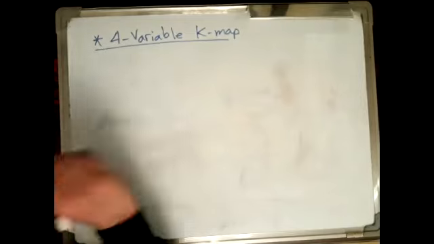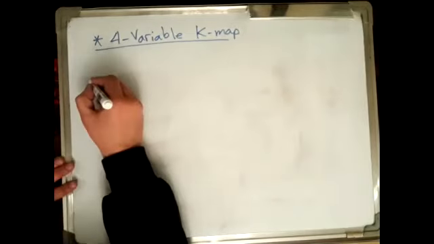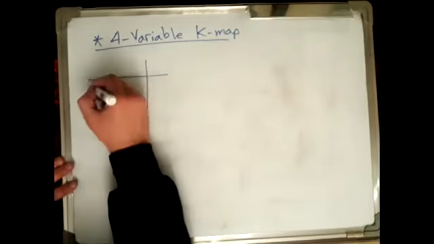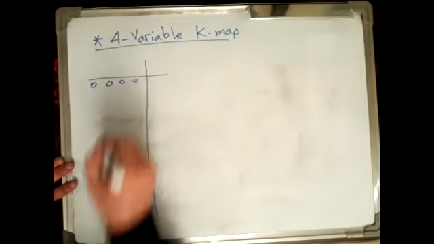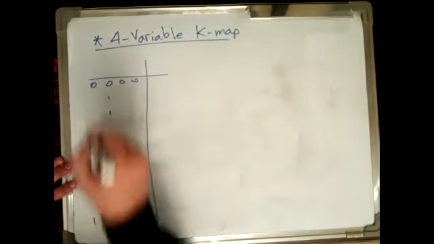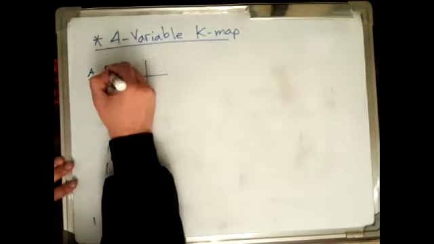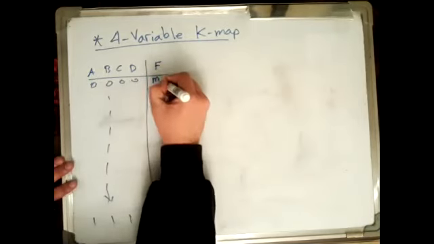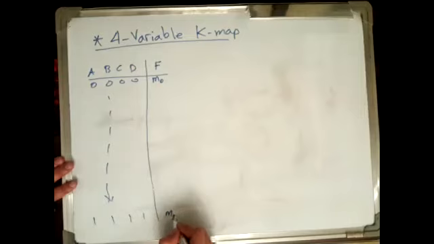So I will go straight forward. I will not draw the truth table. The truth table will be very simple. It will be from minterm 0, 0, 0, 0 up to 1, 1, 1, 1, all the way down. Let's say we have A, B, C, D, and some function F, minterm 0 to minterm 15.